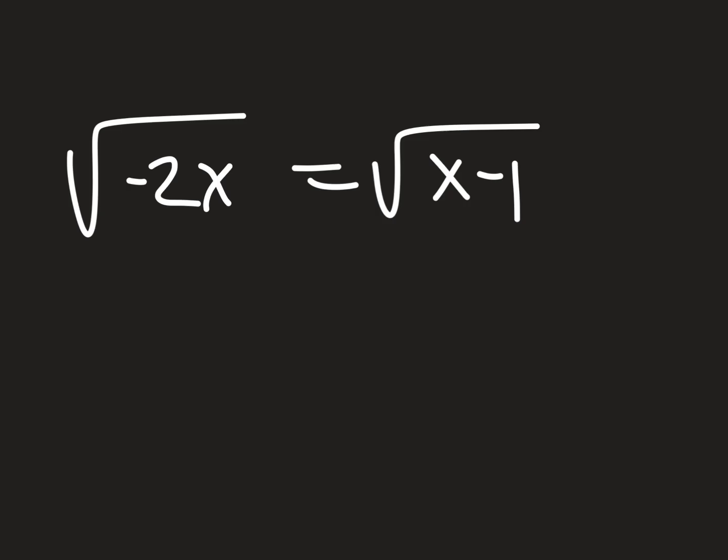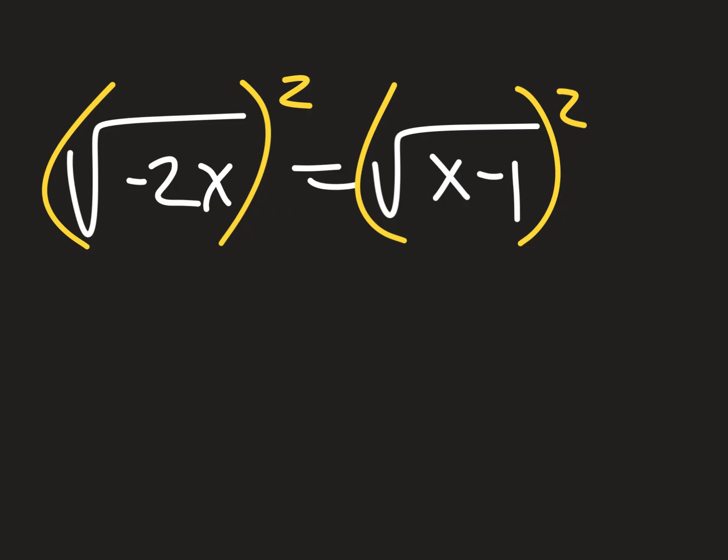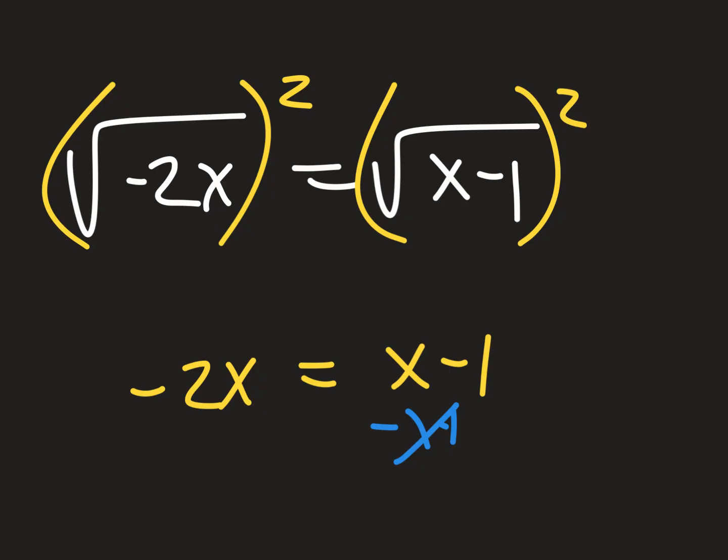Okay, did you start by squaring both sides? That'd be smart. Does that bring in absolute values? No, it does not. Subtracting x from both sides.